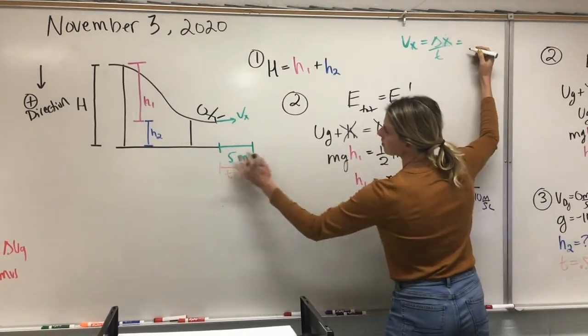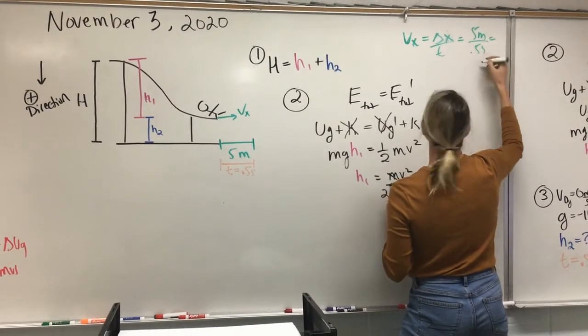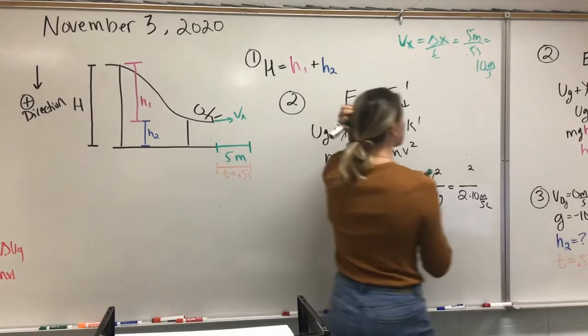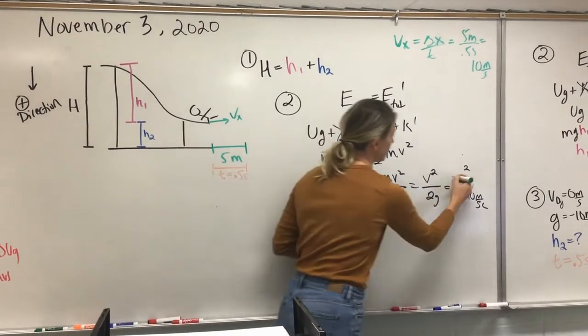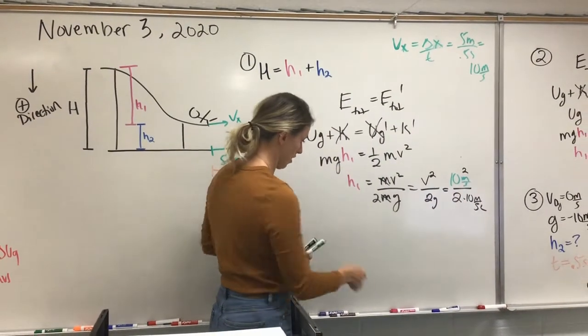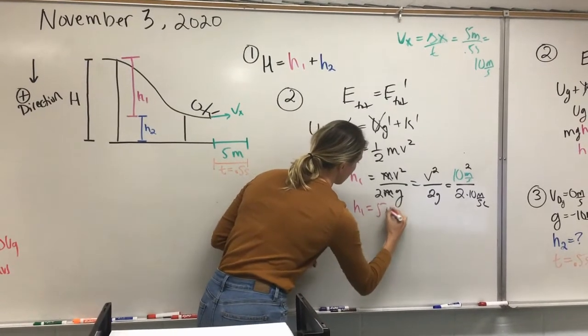And we know that this person goes 5 meters in 0.5 seconds, and that gets us 10 meters per second. We put that down here. When I divide this, 10 squared divided by 2, my height 1 is 5 meters.